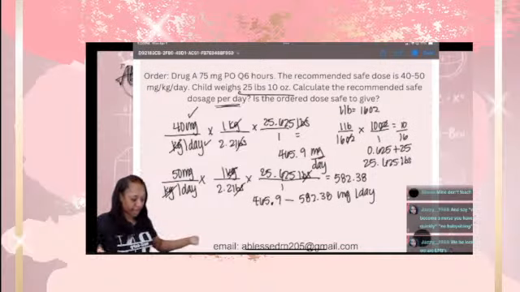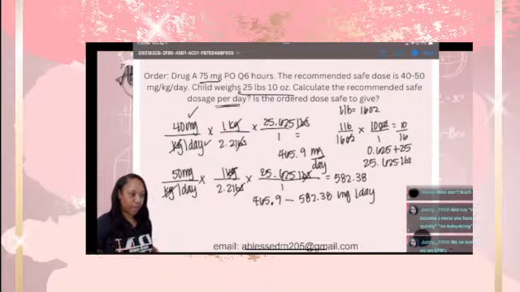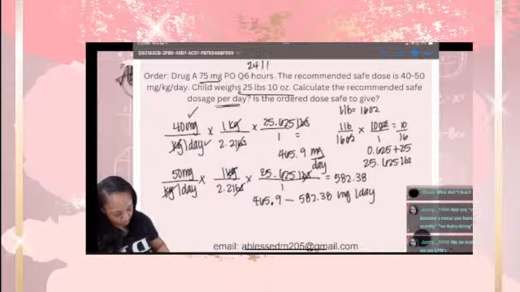That is your range for the whole entire day, right? So let's look back at the order now. It says that 75 milligrams, which is 1 dose, is ordered by mouth every 6 hours. So if you do 24 divided by 6, that means it's 4 doses in the entire day.